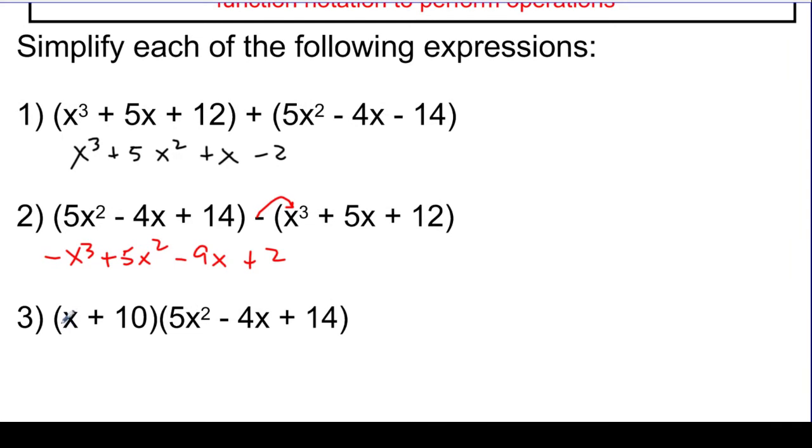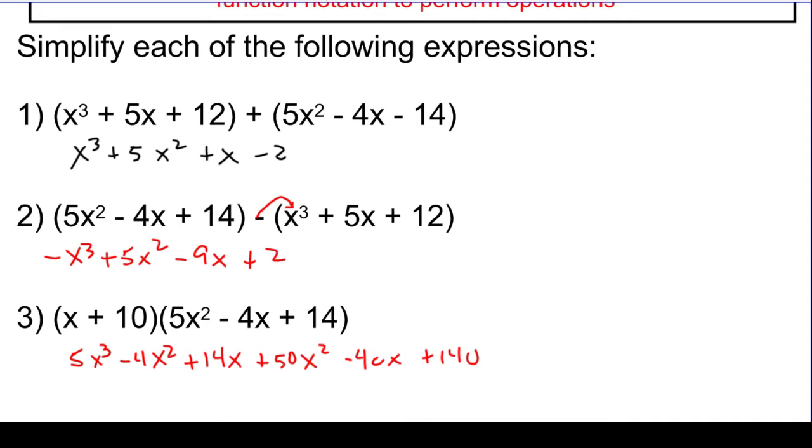And then your last one, if I'm multiplying together a binomial and a trinomial, we're just going to multiply everything out. So we're going to get 5x cubed minus 4x squared plus 14x. Then I'm going to do the same thing with the 10, and this is now plus 50x squared minus 40x plus 140.